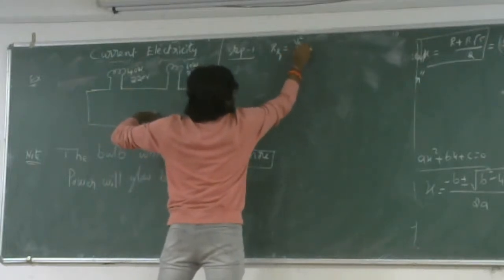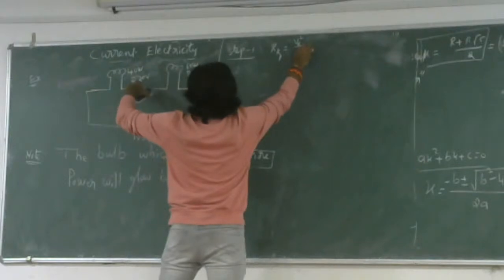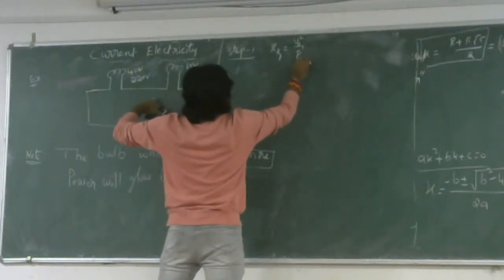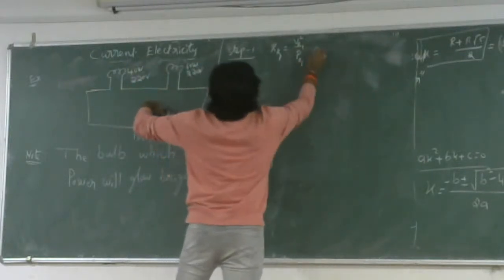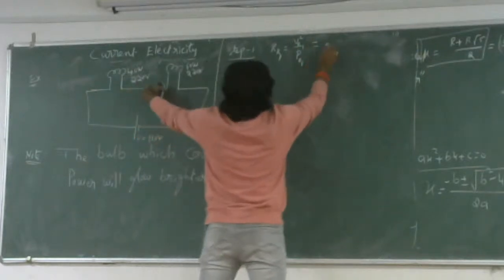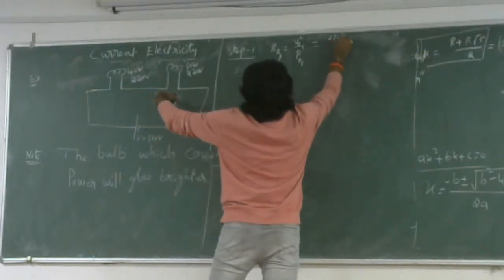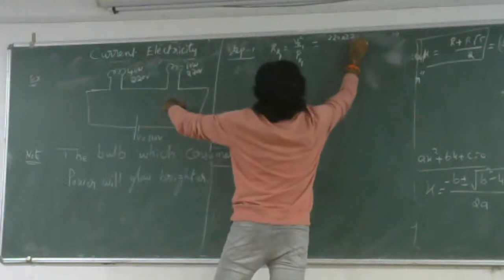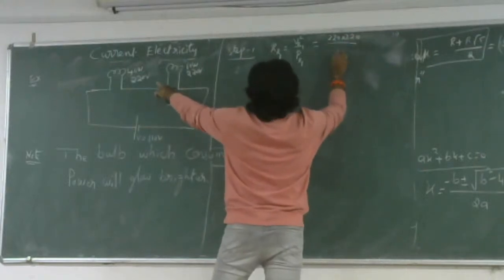This is the rated voltage of the first one squared by the rated power of the first one. Rated voltage is 220, so 220 into 220 by power, which is 40.